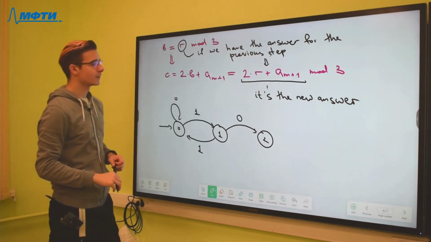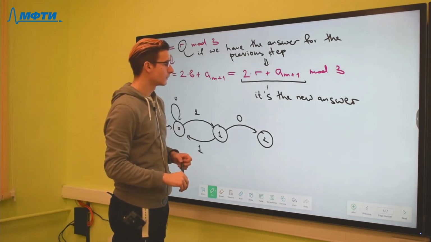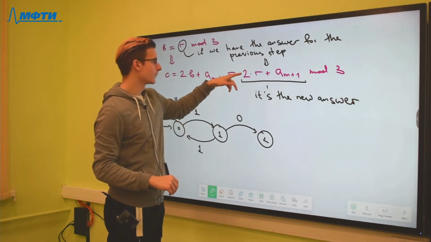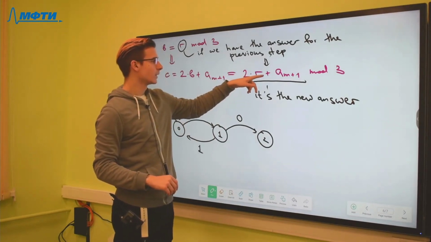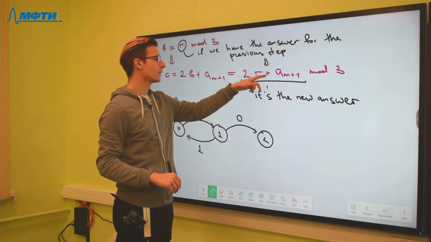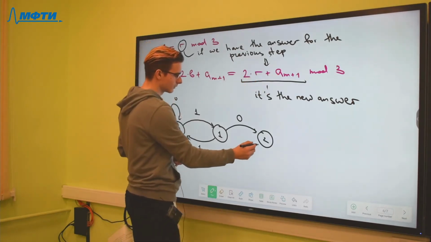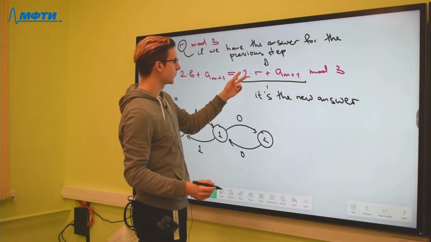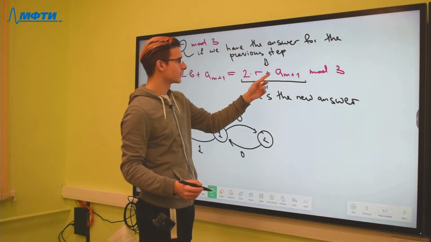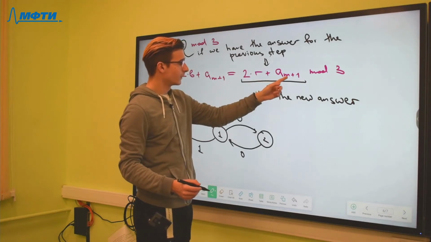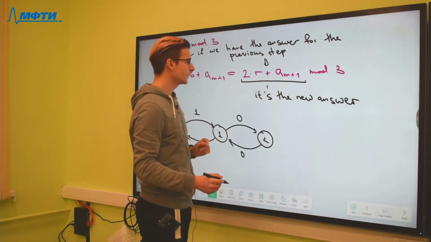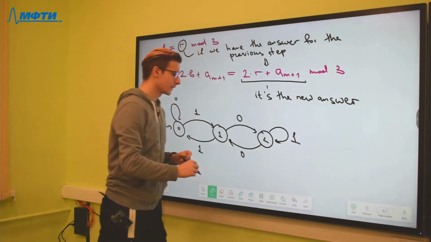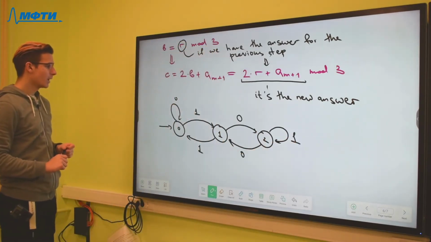And then we can repeat this for this number. Because, for example, 2 multiplied by 2 plus 0 is equal to 1. And if we multiply 2 by 2 and add 1, we get 1.